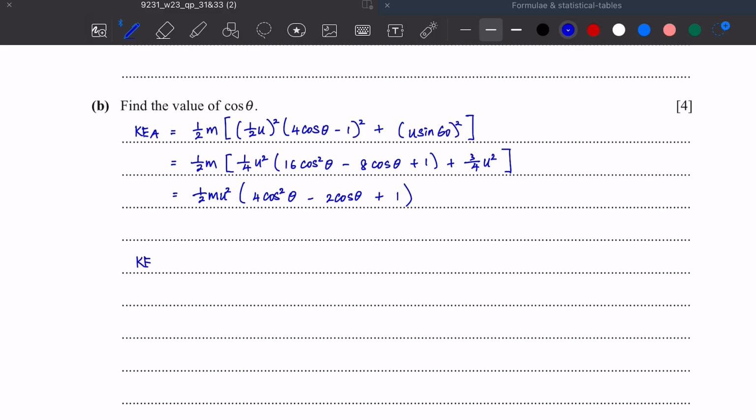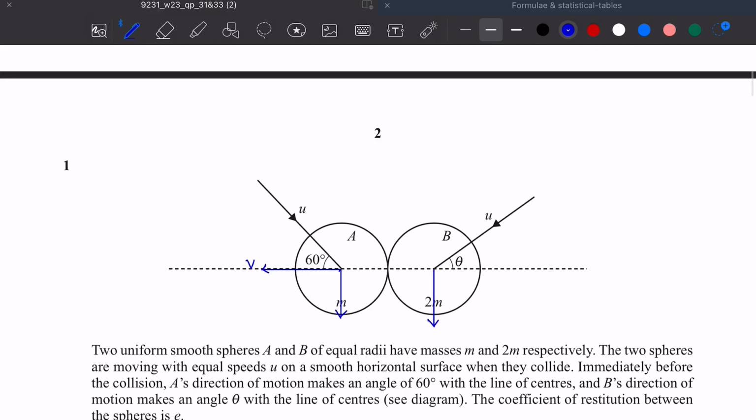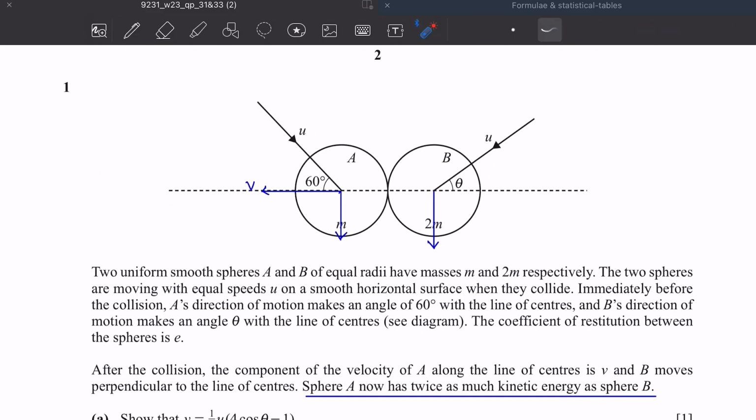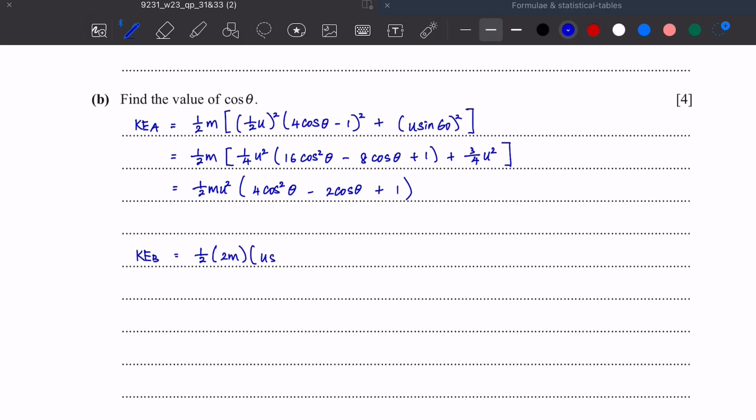And now for the kinetic energy of B, we have half times mass, which is 2m, times the velocity squared. We can see that it travels perpendicularly to the line of centers. That means there is no horizontal component for the velocity. So we just need to consider this velocity. And like I said just now, the vertical component doesn't change. So we can just take u sine theta, so u sine theta squared.